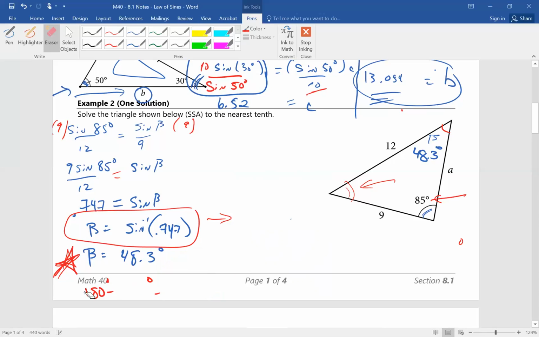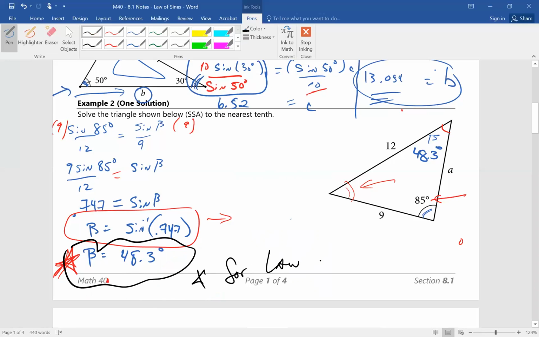But because that cannot happen, the big thing of this is that this has to be true. Now remember, this only happens when you're finding the angle for the law of cosines. Or sorry, sines. All right? So you just proved that there's nothing else possible.